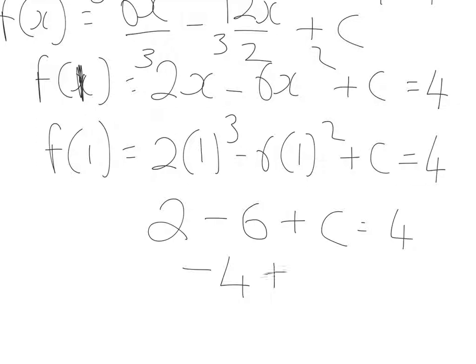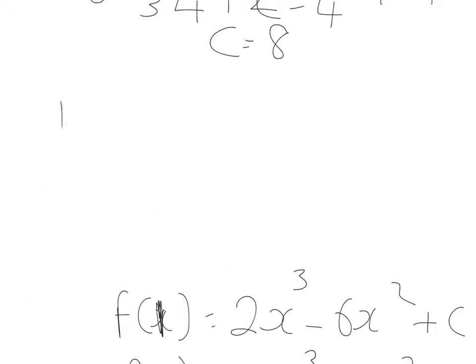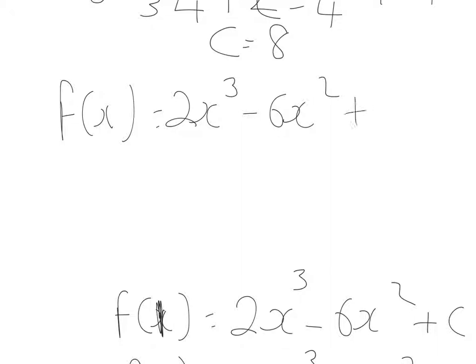So minus 4 plus c is equal to 4. Bringing that across, c will be equal to 4 plus 4, which is 8. That then gives me a final answer for the curve, which is 2x cubed minus 6x squared plus 8.